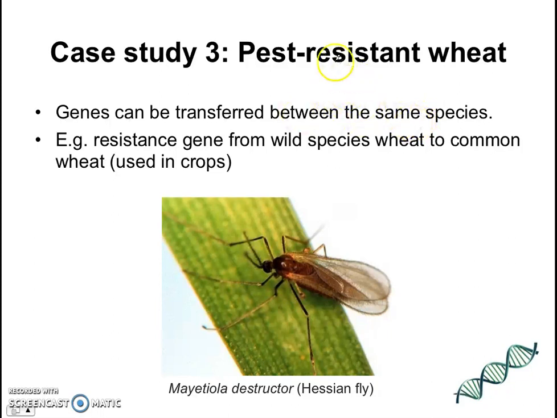In this case, we are transferring a resistance gene from a wild species of wheat to a common species of wheat which is used in crops. Okay, so we can also take genes from the same species and put it into a sort of closely related species of the plant. So here's the common pest that destroys wheat, and the pest resistance gene helps to resist these pests.